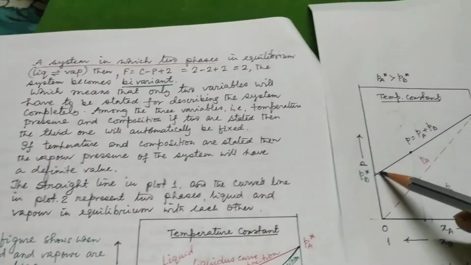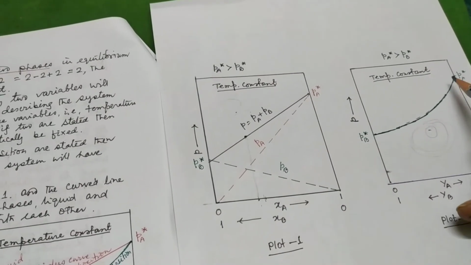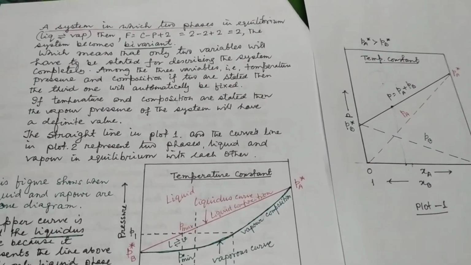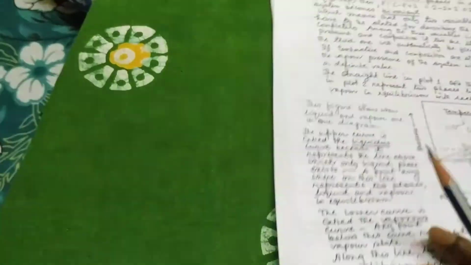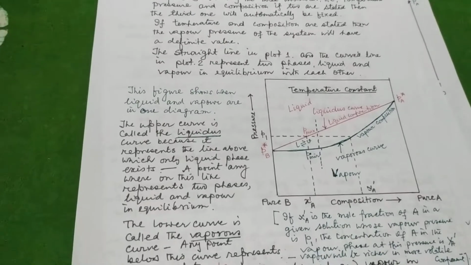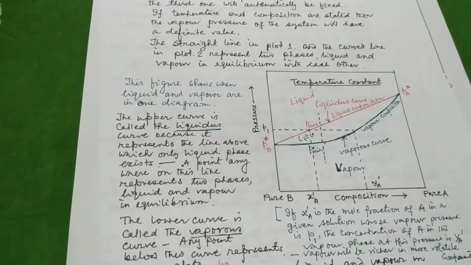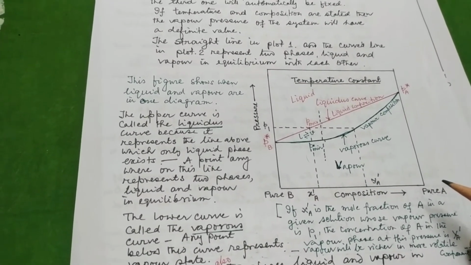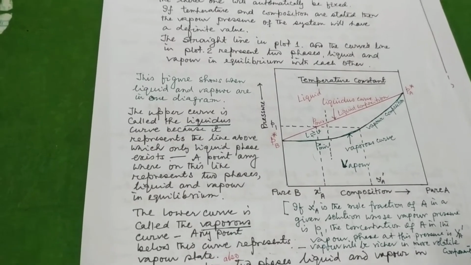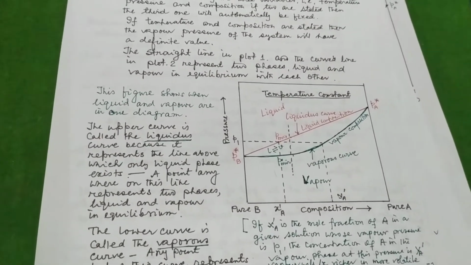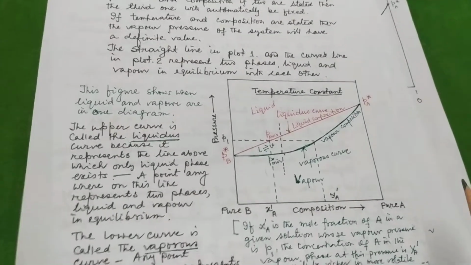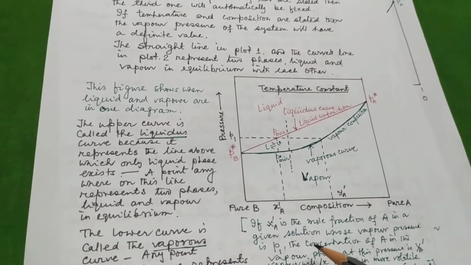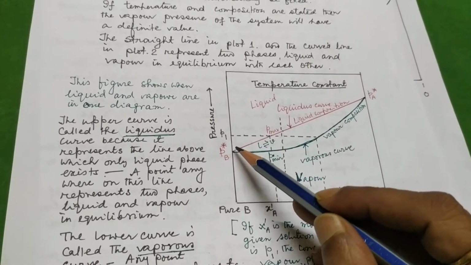Now, if we plot in a single diagram the variation of total vapor pressure against XA, the mole fraction of A in the liquid state, and YA, the composition of A in the vapor phase, then we get a plot like this.